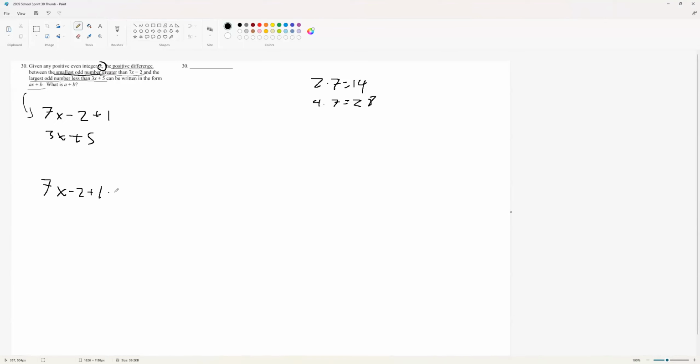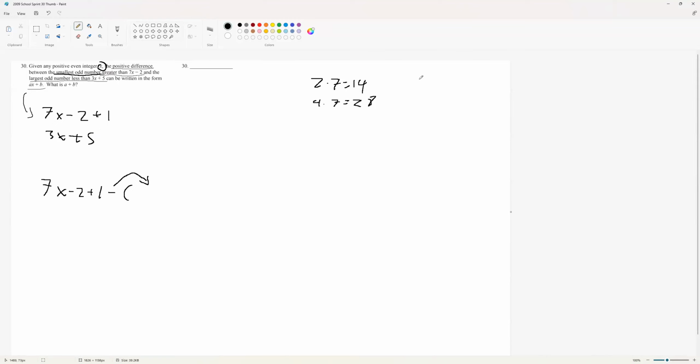I know I'm going to have a subtraction, and we're going to put parentheses here just to remind ourselves the subtraction is going to be applied to everything within the parentheses, right? So now we have the largest odd number less than 3x plus 5. What's important to note here is that the 3x plus 5 will actually result in an odd number, right?